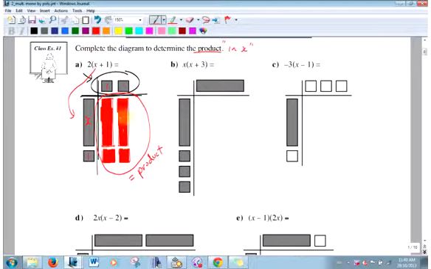Well, I have an x, I have an x. That's 2x, and I have a 1 and a 1. That's 2. So when I multiply 2 times x plus 1, that's what I get as a product, 2x plus 2. Okay? Symbolically, there it is. It's like a picture for this.